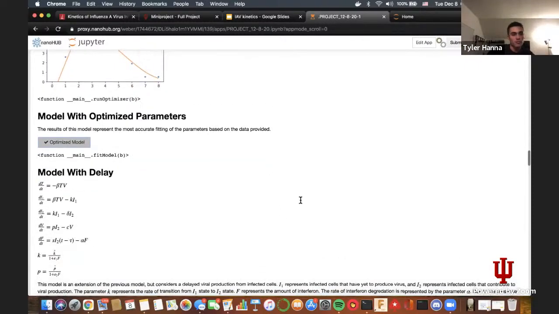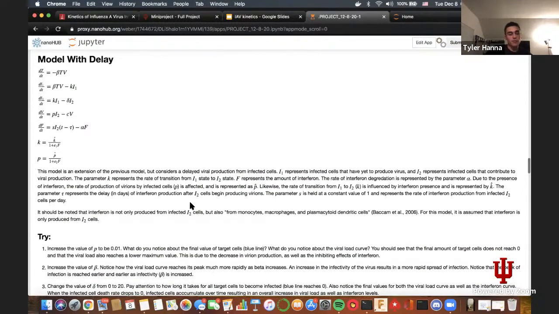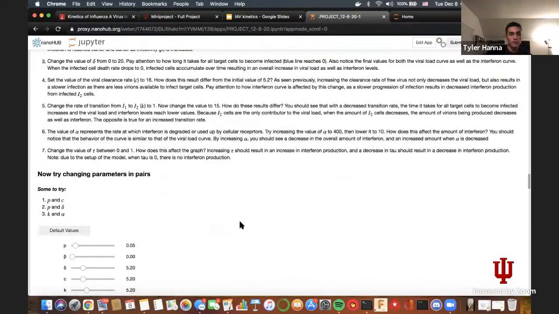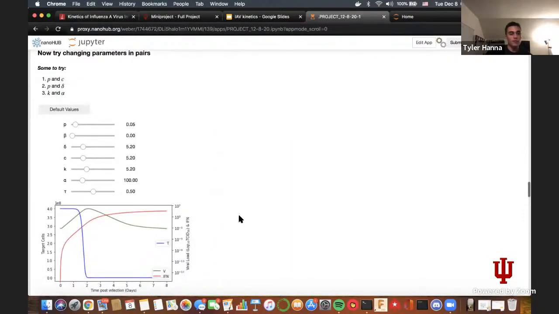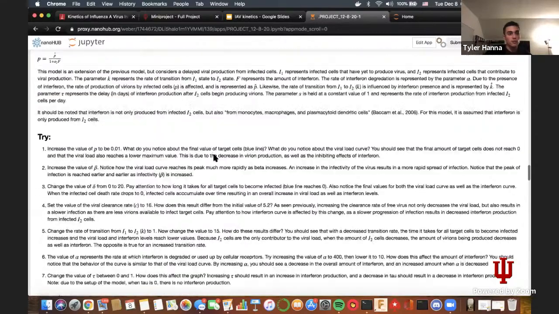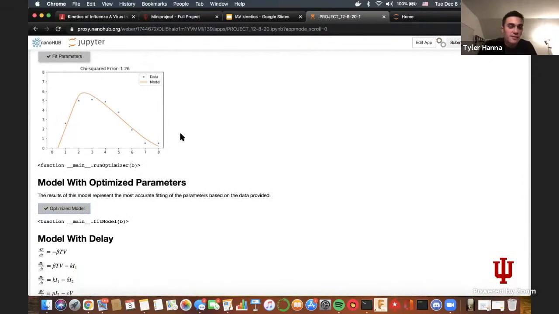But while that runs, I'll explain the model with the interferon response. Like I said before, this is an extension of the simpler model we just went through, where interferon is going to not only interfere with the transition rate from non-productive to productively infected, but will also influence the rate of viral production from infected cells. I can't mess with the sliders until this is done.